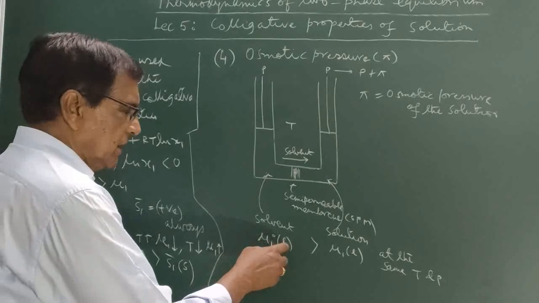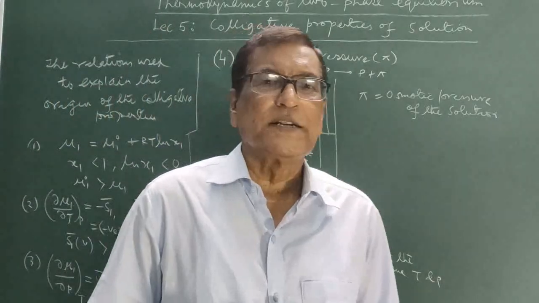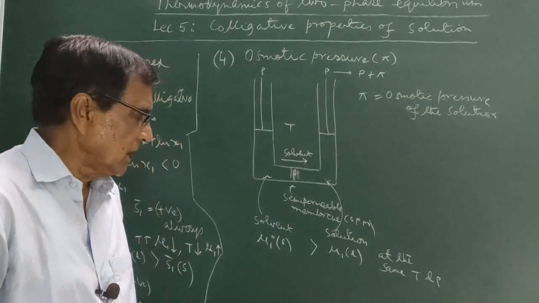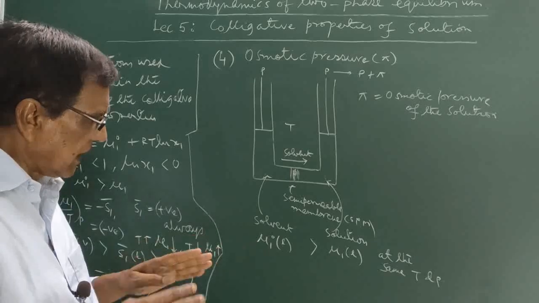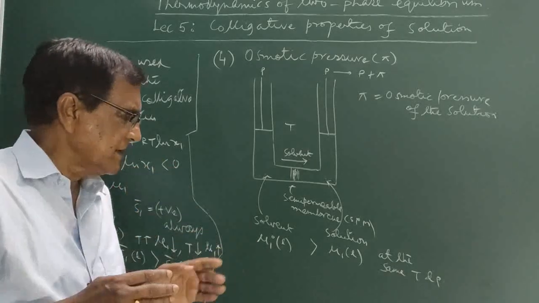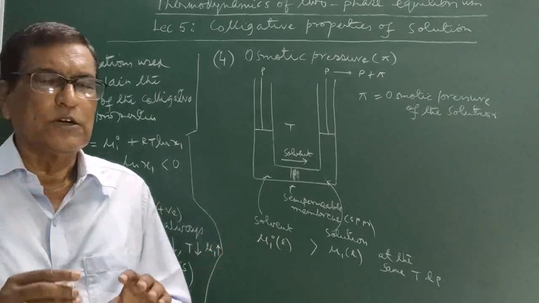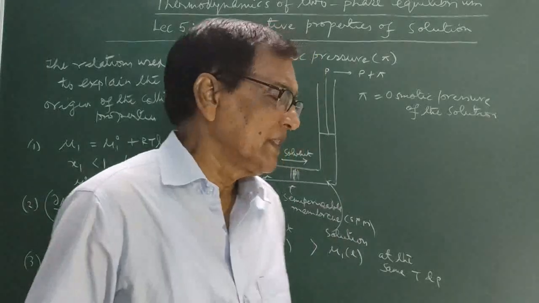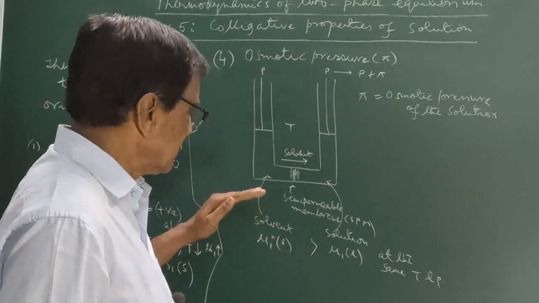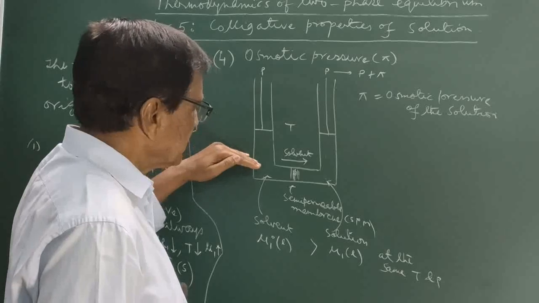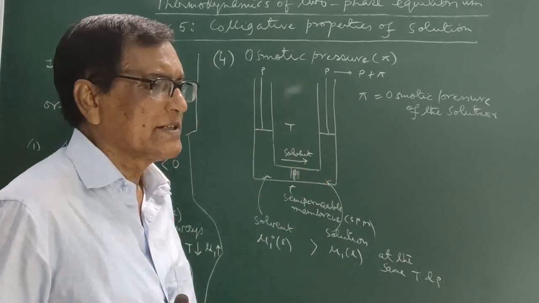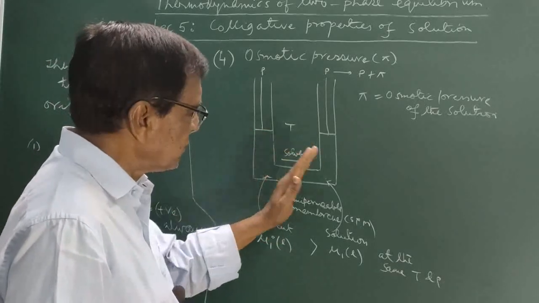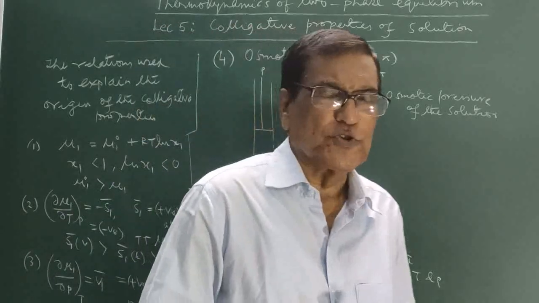The chemical potential has another physical significance: any substance will move from higher chemical potential to lower chemical potential until they become equal. So these two are not equal, and the solvent will move from the solvent side to the solution side spontaneously. This spontaneous flow of solvent from the solvent side to the solution side is called osmosis.